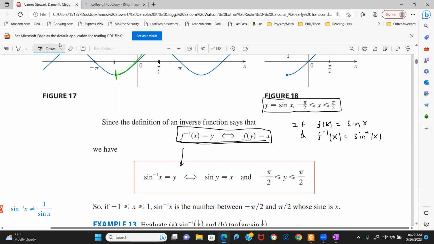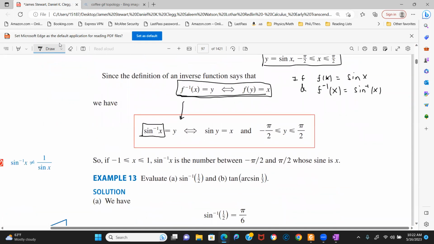This gives you a way of figuring out what sine inverse does to a given input. So sine inverse is a function from -1, 1 to -π/2, π/2.